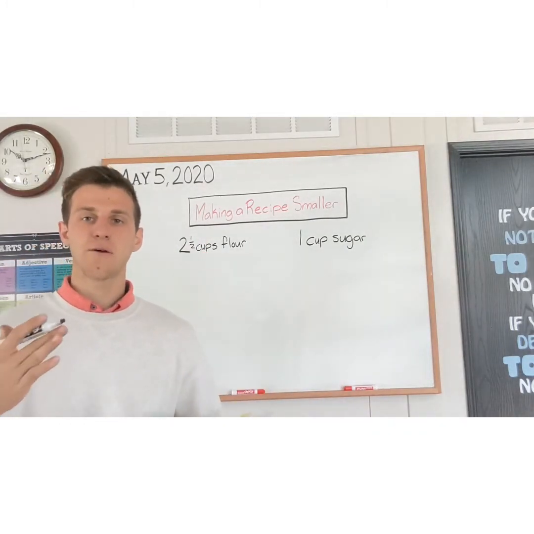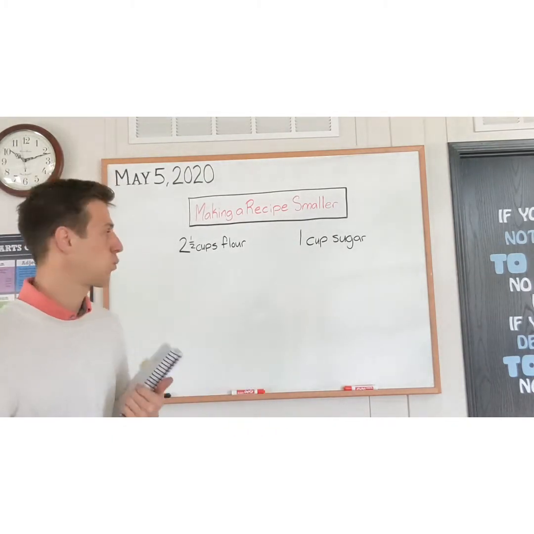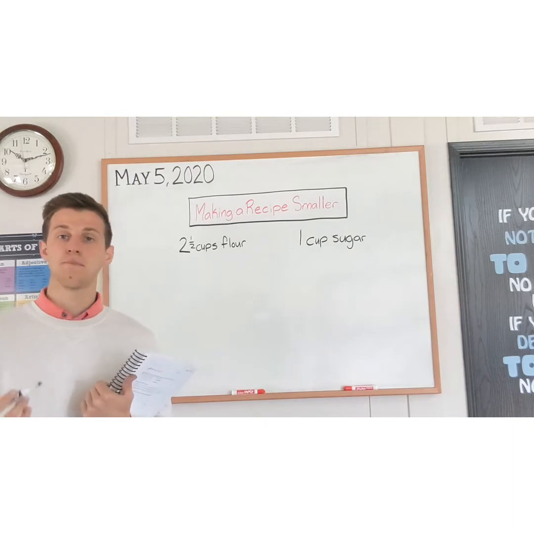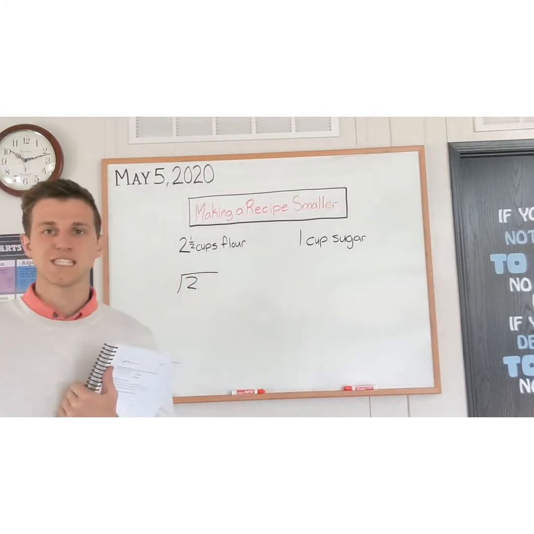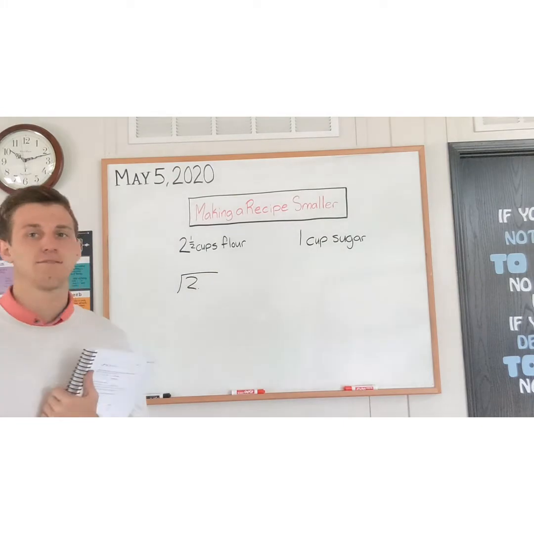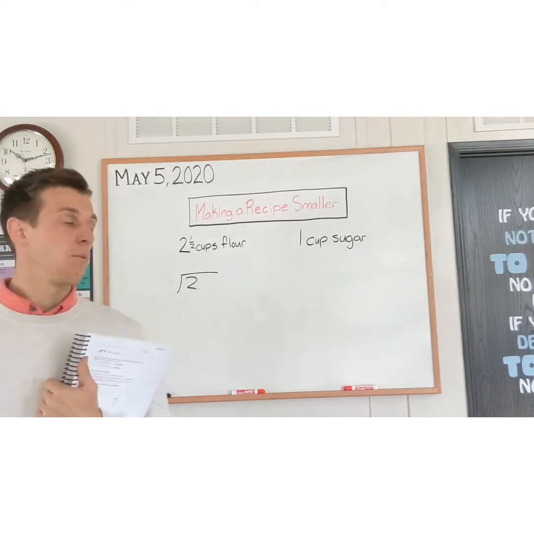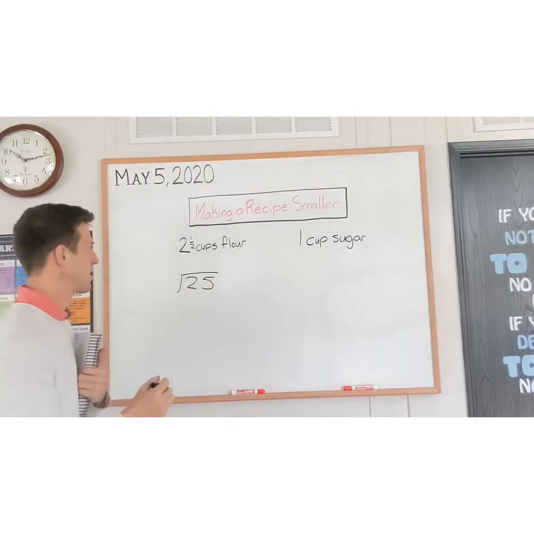So we wanna cut that measurement in half. So let's just do it both ways and you'll see that we'll come out with the same answer. So if we would divide by 2, we have 2.5, which if we would change that to a decimal, what would we change it to? What's our decimal equivalent for half?